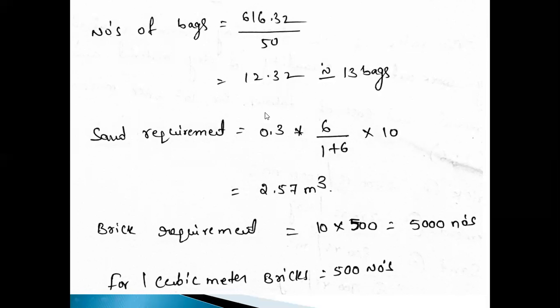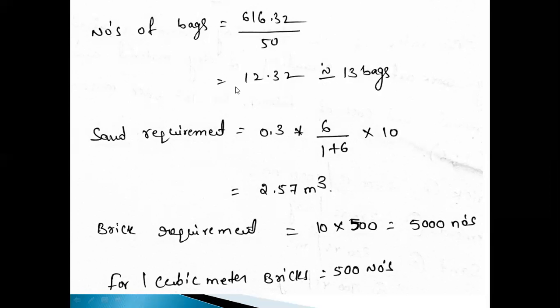Number of bags equal to total weight of the cement, 616.32 kgs, divided by each bag weight, 50 kgs. It is equal to 12.32, so it is equal to 13 bags. This is the cement, 13 bags.